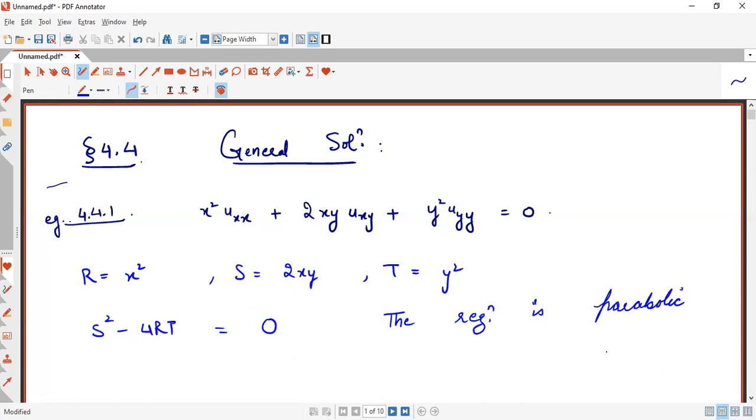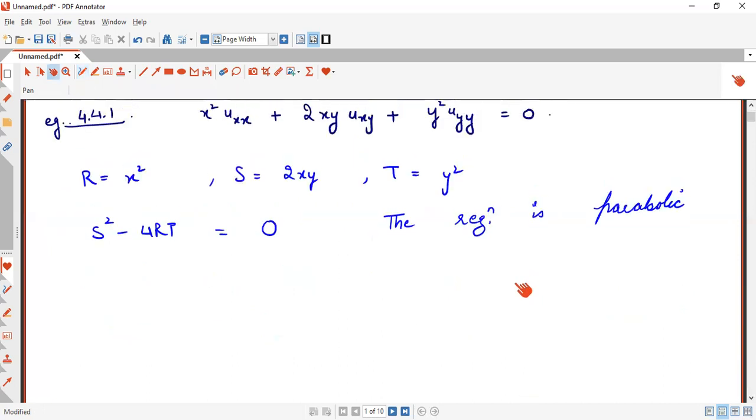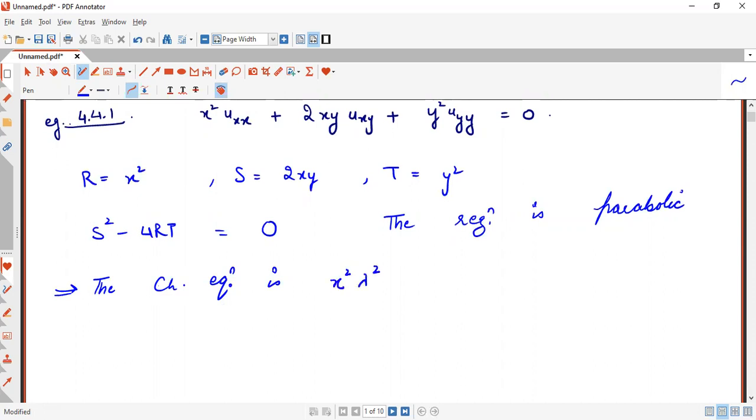So make the characteristic equation. The characteristic equation is, you know that, R lambda square plus S lambda plus T. What is R? x square lambda square plus 2xy lambda plus y square. No problem, we are going to find the solution in terms of x and y.